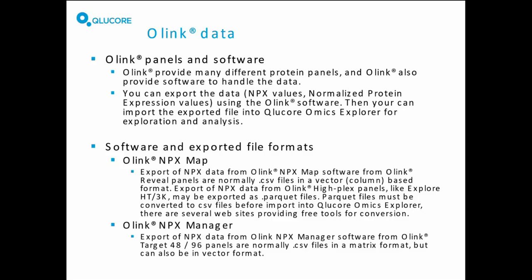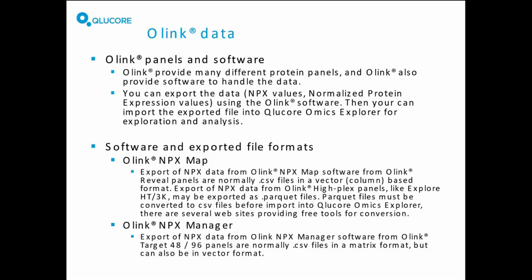You can also export NPX data from Olink High-Plex panels like Explorer, HT and 3K, and they are exported into Parquet files. They must be converted to CSV files before you can import them into Qlucore Omics Explorer.